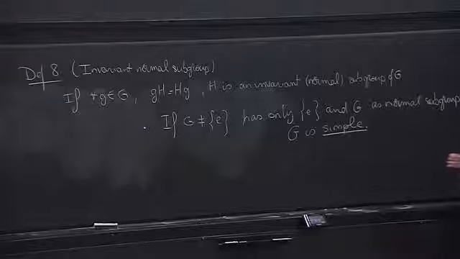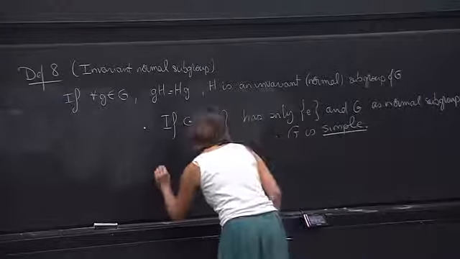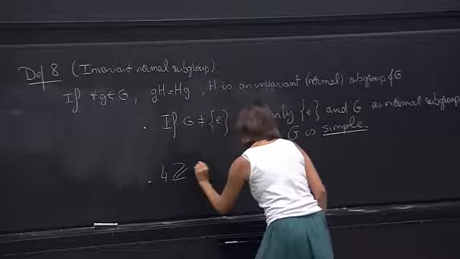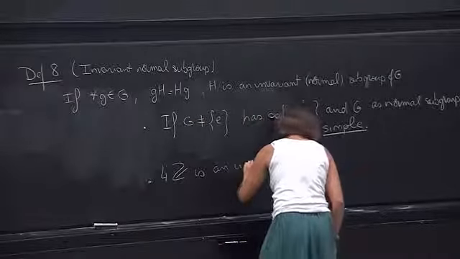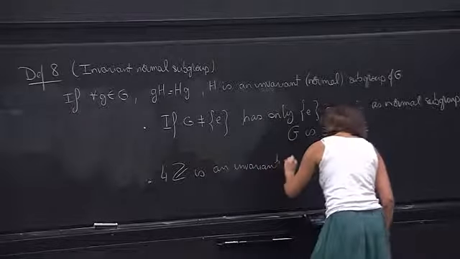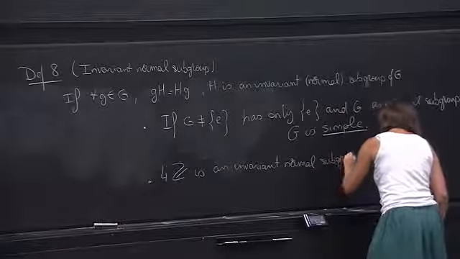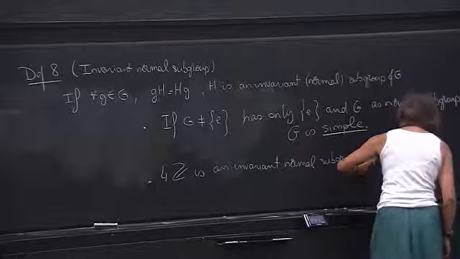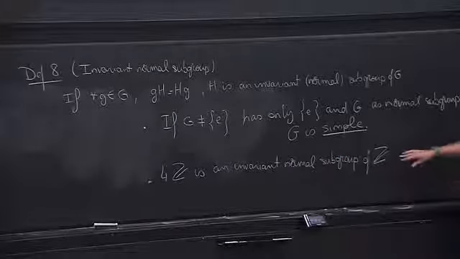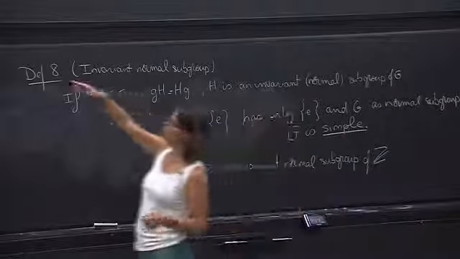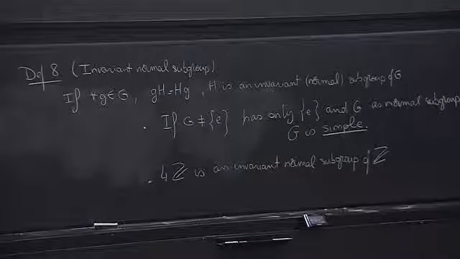Here you could check that, of course, 4Z is an invariant subgroup of Z. And because of that, when we use this notation that we introduced before, which is the notation we use when we build a quotient group or a factor group, then since 4Z is an invariant subgroup of Z, this is really a group.